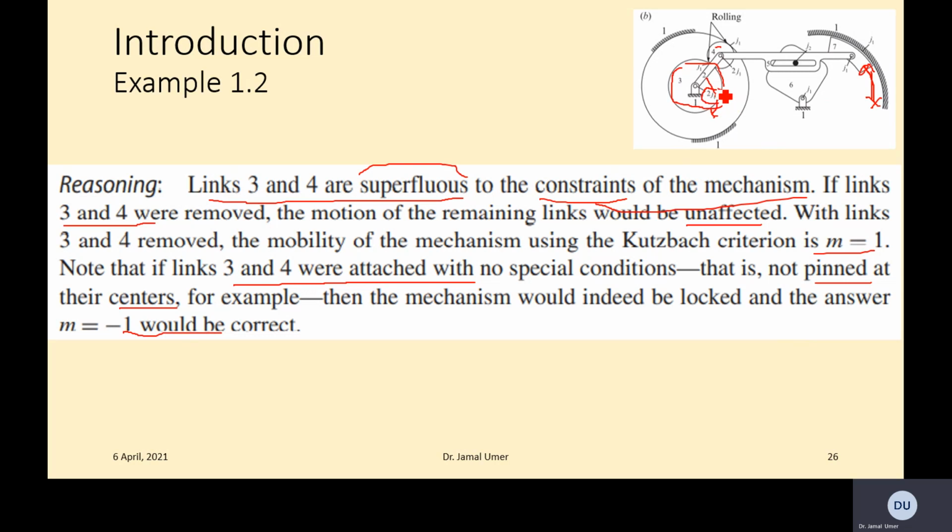If you don't consider this, so if there is no pin, it will be just J1 basically. Or this one, the same way, if it's not pinned, this is like J1. Then the mechanism would indeed be locked and the answer would be -1. If they are not pinned, there is no movement. So that's why we have the right answer, which is -1 basically.